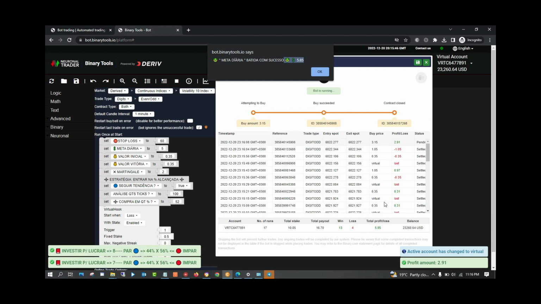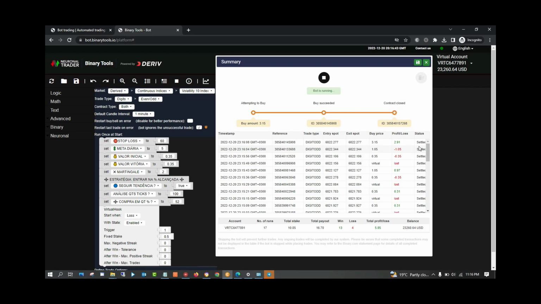So you can see all the losses that we have on this trade. But if you look closely, it has only counted the losses on the real account, right? On the real trade. Now this is a simulation of a real trade.